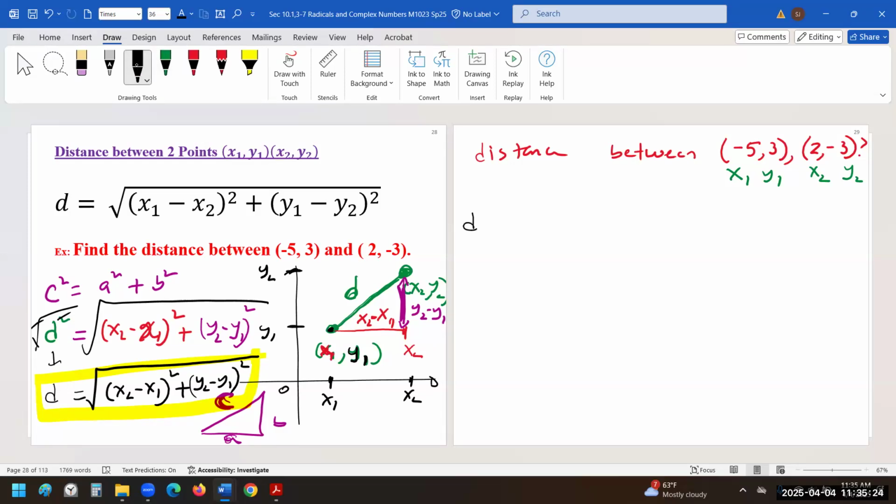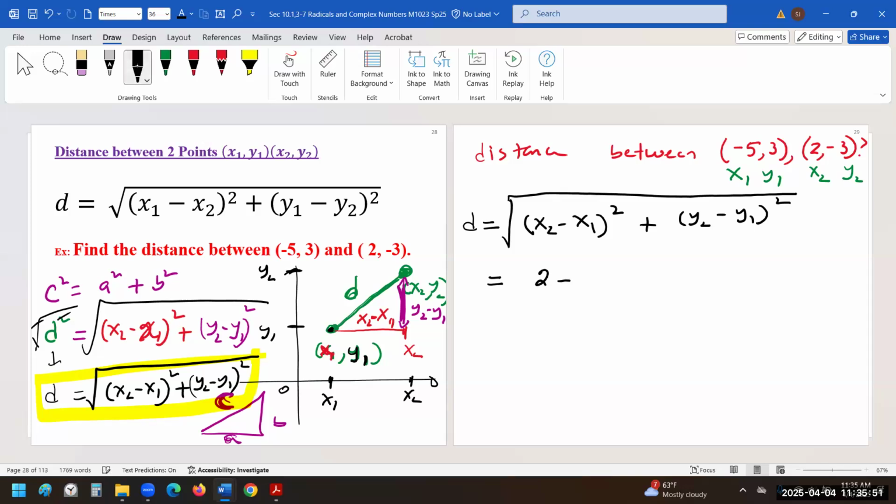So you start with the formula. The formula says x2 minus x1 square, y2 minus y1 square, and then take the square root. Or the other way around, but it doesn't matter. What is our x2? x2 is 2. And you're subtracting x1.